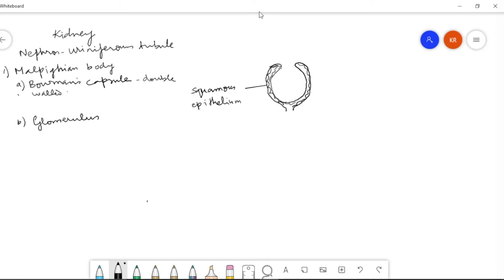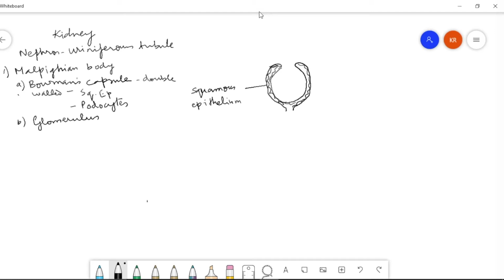So it contains one layer of squamous epithelium, and the second layer is a visceral epithelium, but this visceral epithelium is made up of cells called podocytes. So podocytes is visceral epithelium.